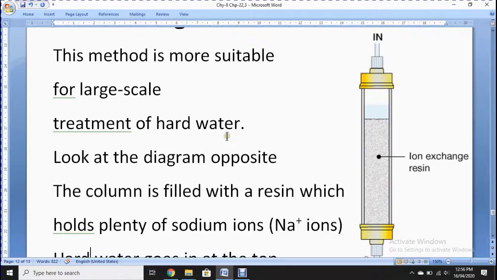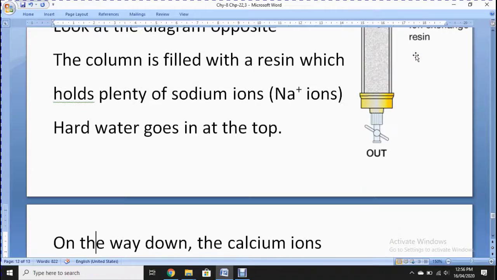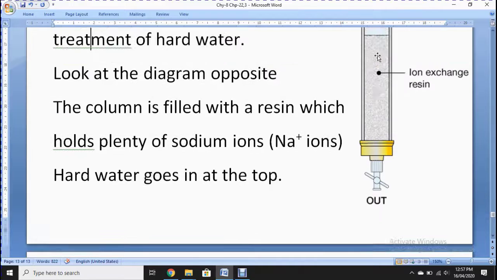Treatment of hard water: look at the diagram. These are the ion exchange resins. The water comes in from this side and goes out from that side after filtering, or after the reaction happens.